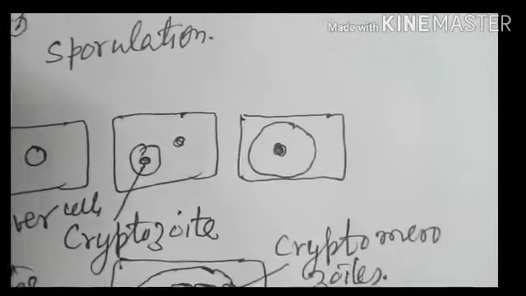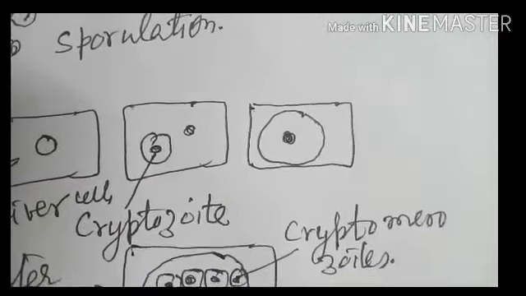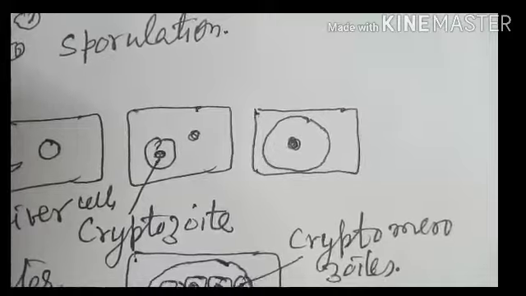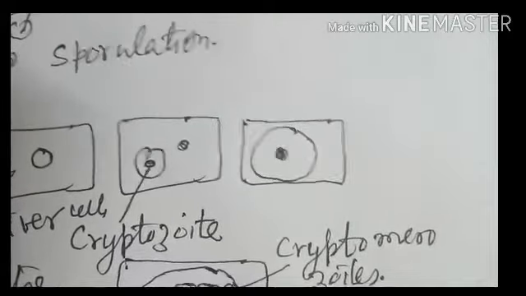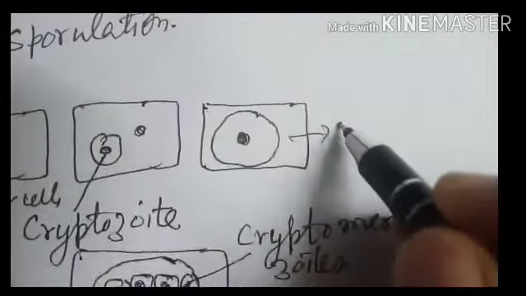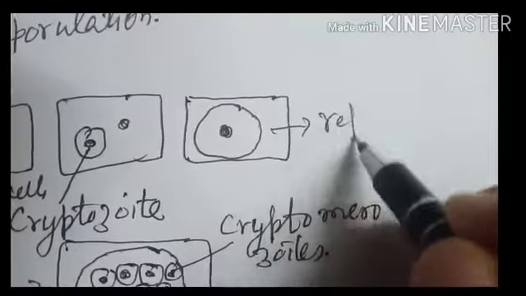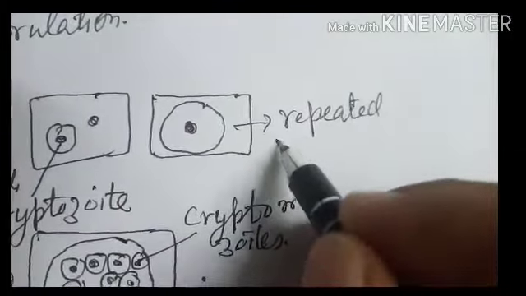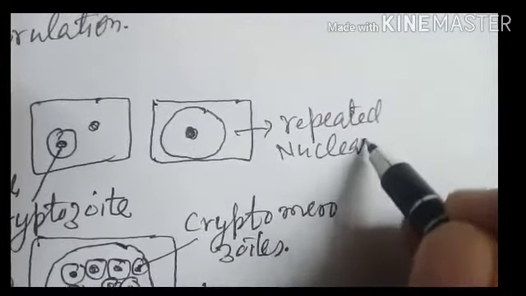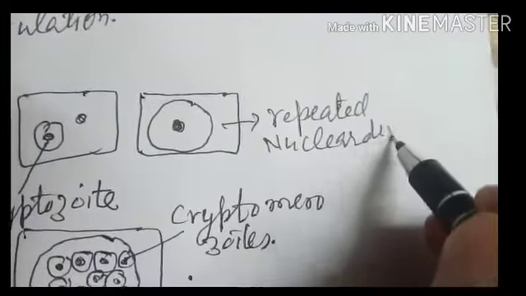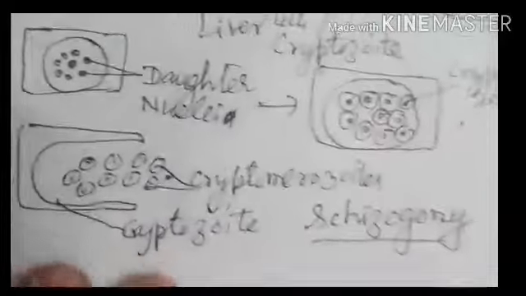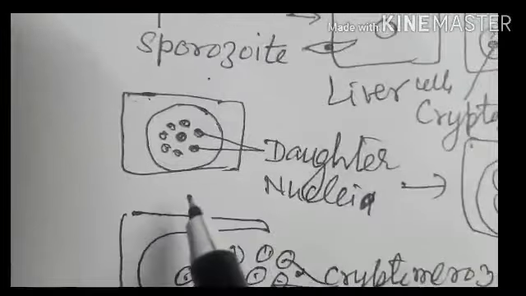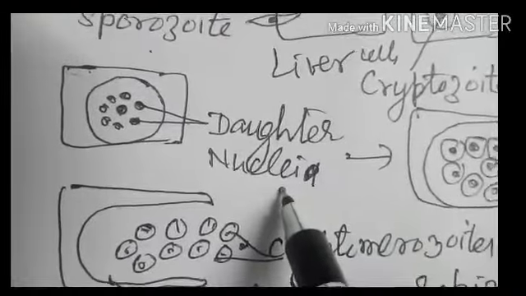The cryptozoite enlarges in size, and then its nucleus undergoes repeated nuclear division, and then it forms a number of daughter nuclei.